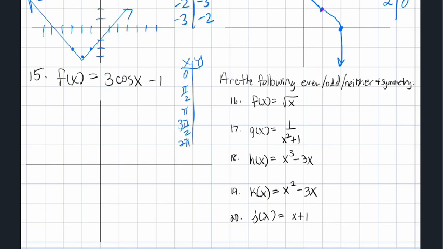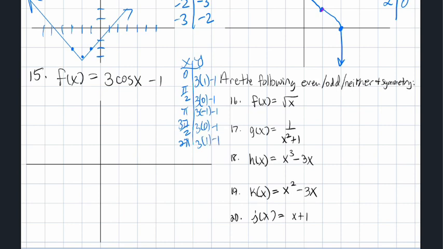Okay, so the good values for the cosine, it starts at 1, then goes to 0, then goes to -1, then goes back to 0, and then goes back up to 1.